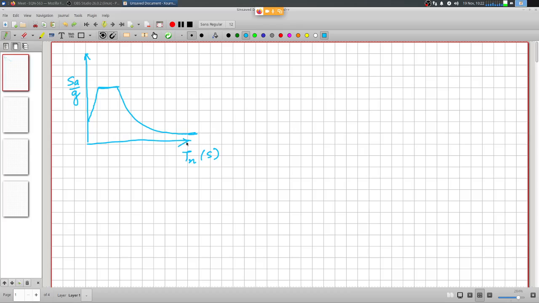It is specified up to a period of 6 seconds, and the amplification factor here is 2.5, and at 0 period it is 1. So it is normalized to the peak ground acceleration, so it should actually be called SA by PGA.